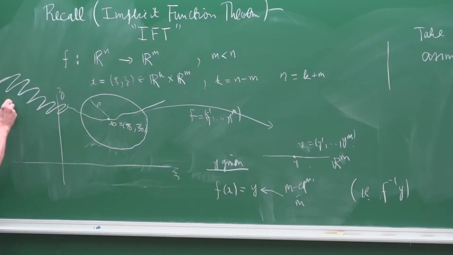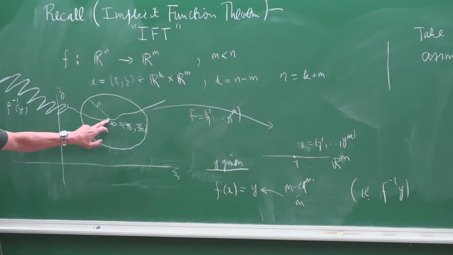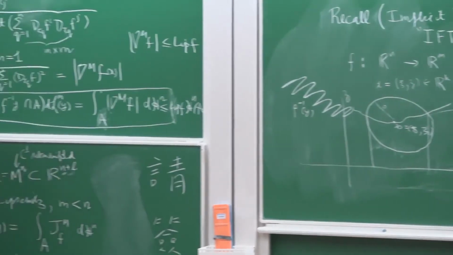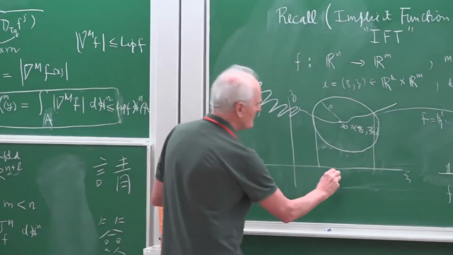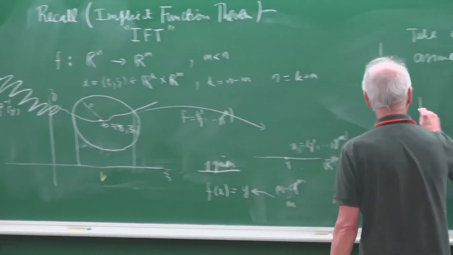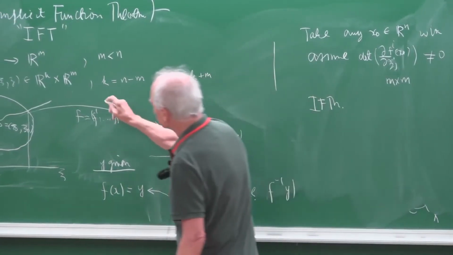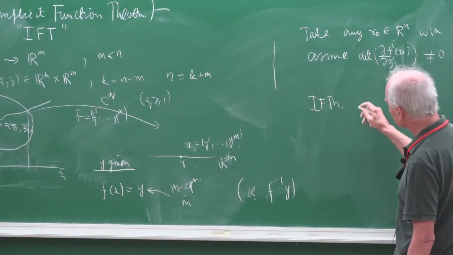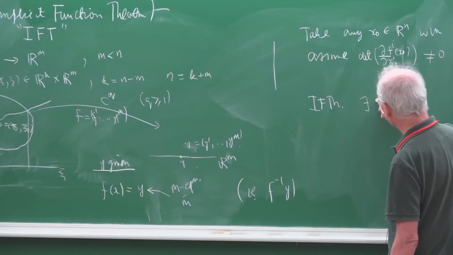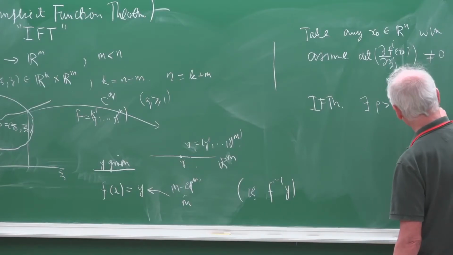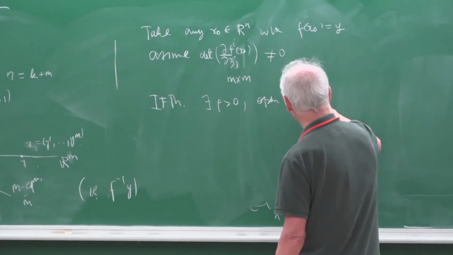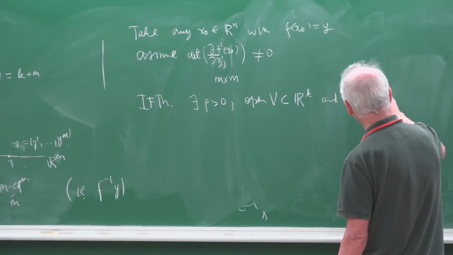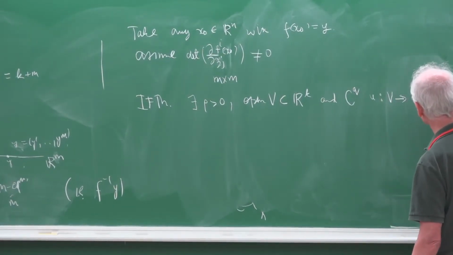The claim is that near the point x0, in a sufficiently small ball, that pre-image is just a graph over an open set, let's call it V. So the implicit function theorem says that if f is C^q, where q is bigger than or equal to 1, then there exists rho bigger than 0, an open V contained in R^k, and a C^q function u going from V into R^m.